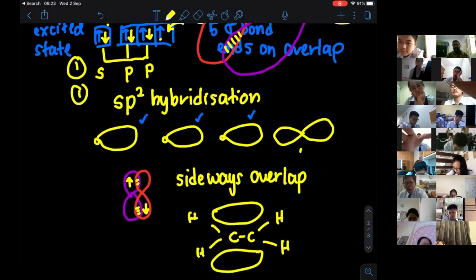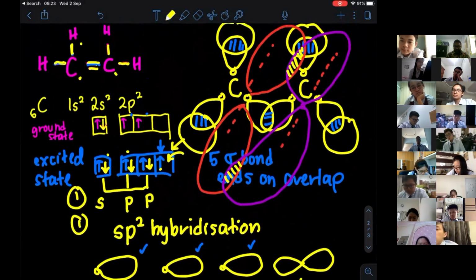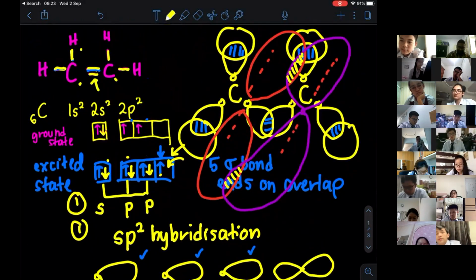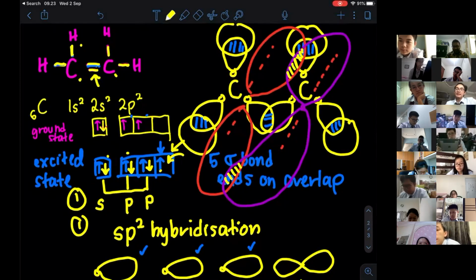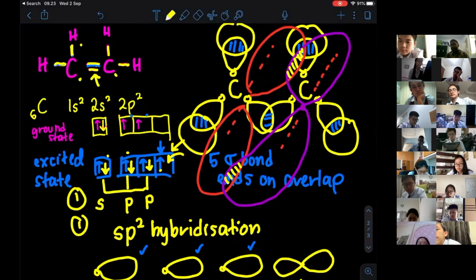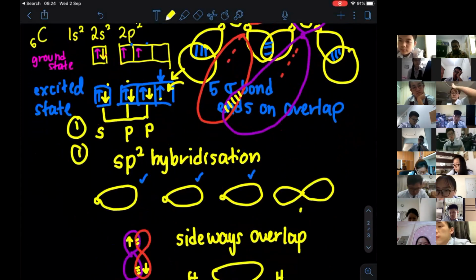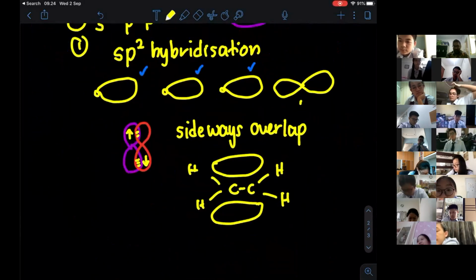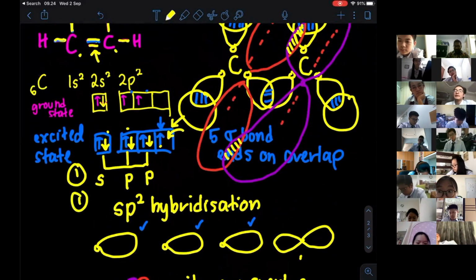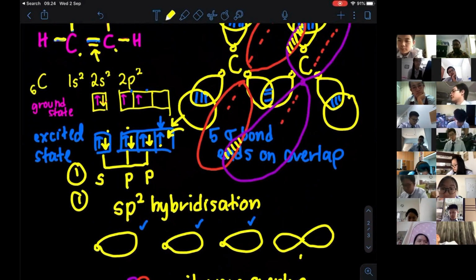Even though it looks like up and down, like a burger with a top part and a lower part, we put them as one line only when we represent. That one line represents the sideways overlap. Both of them together are considered one, and it is called a pi bond.